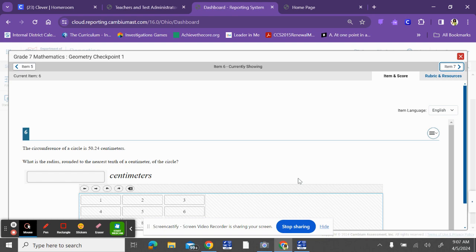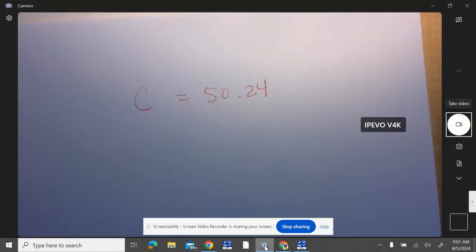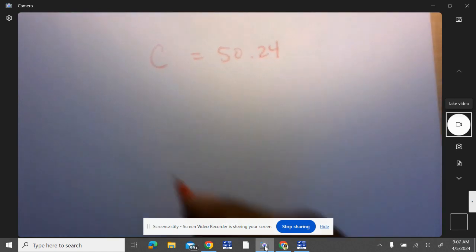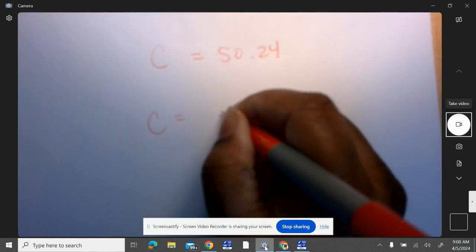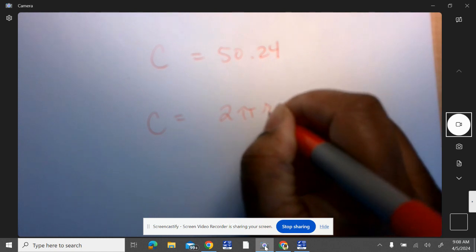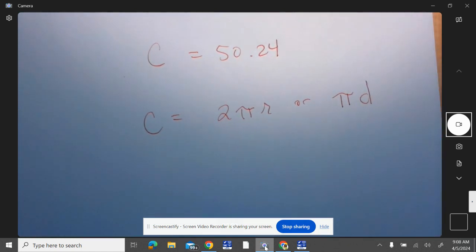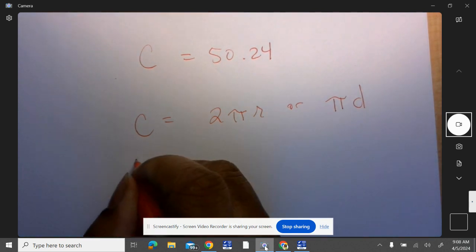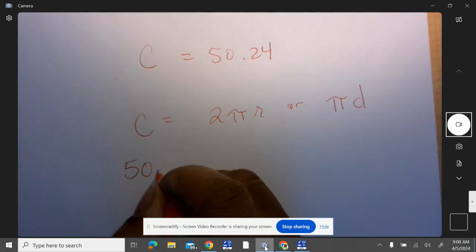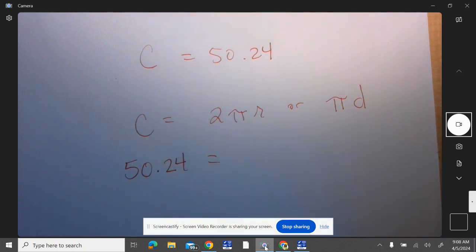I'm going to use the formula for circumference to find my answer. Circumference is 2 pi r or pi d. Either way, I'm going to plug in C because they gave me that.